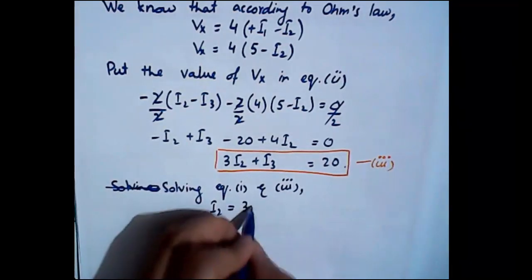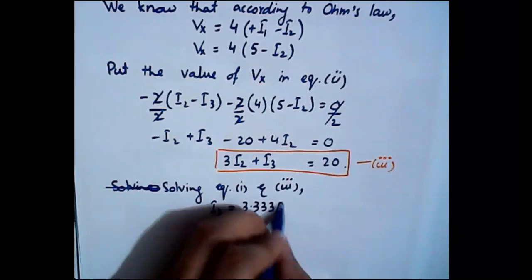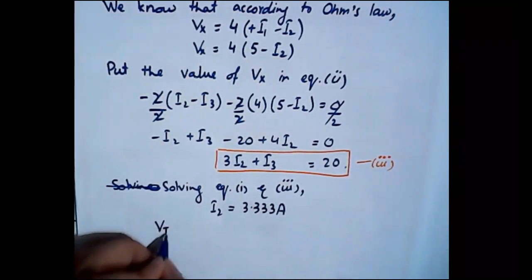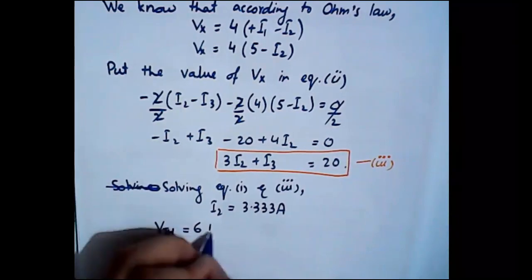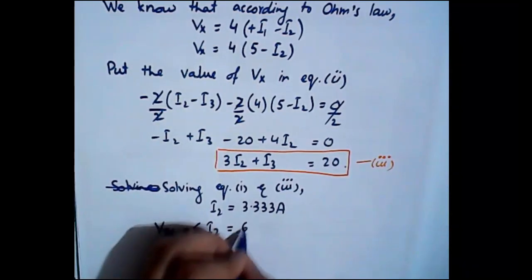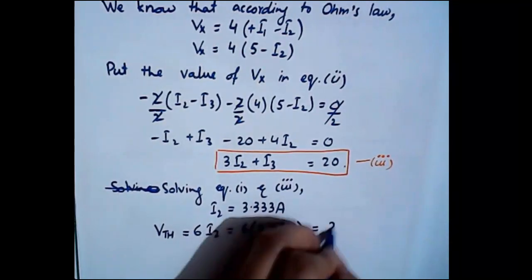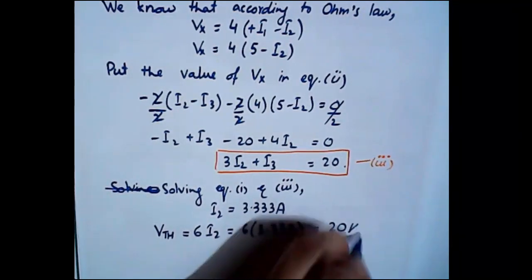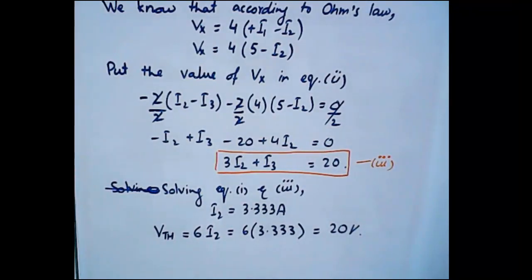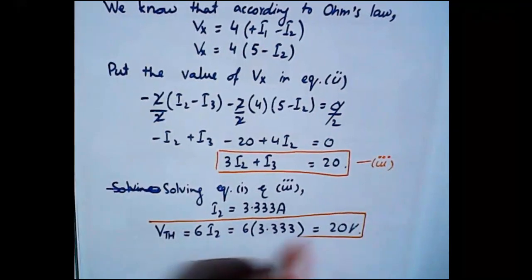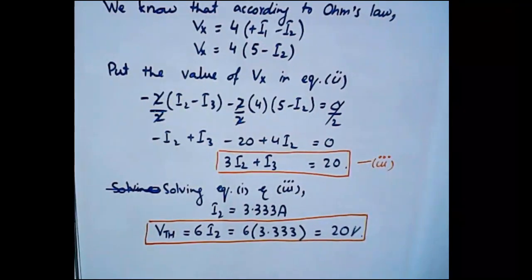I2 is equal to 3.333 amperes, and thus VThevenin is equal to 6 times I2, which is 6 times 3.333, almost equal to 20 volts. So we have found the value of VThevenin. This was one required parameter in the question.